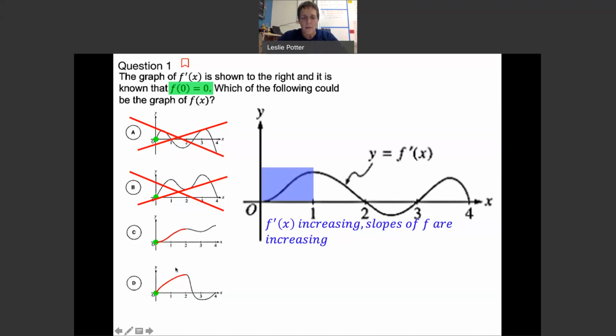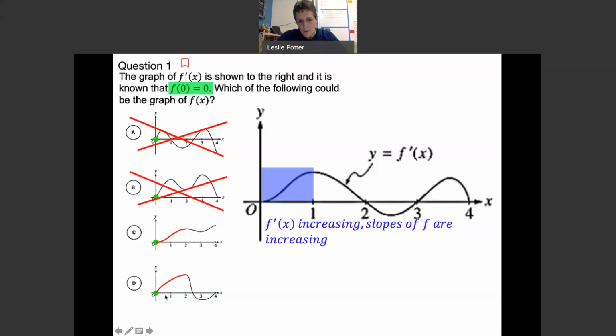So let's take a look at that information in terms of these two options here. If we look at this from 0 to 1, we can see that this has a concave up profile. And we know that if the slope is increasing, then the second derivative is positive, or in other words, we're concave up. So we have a concavity, which is concave up.